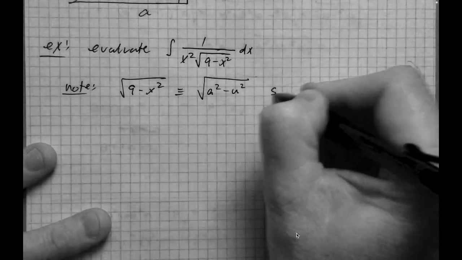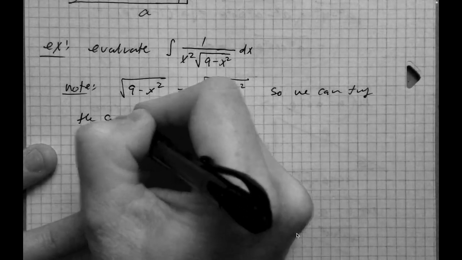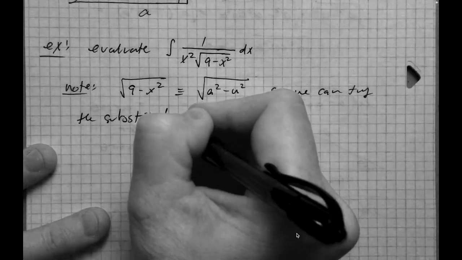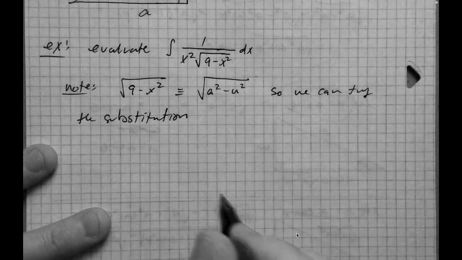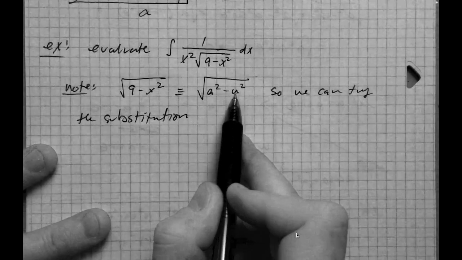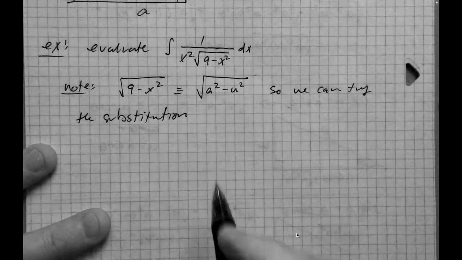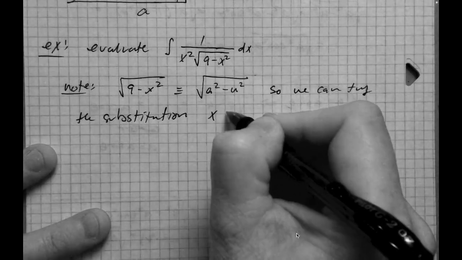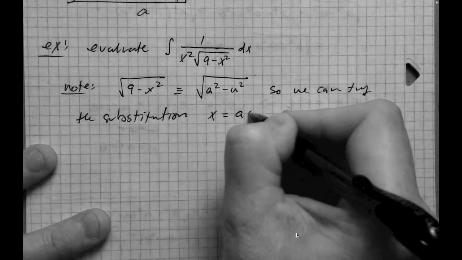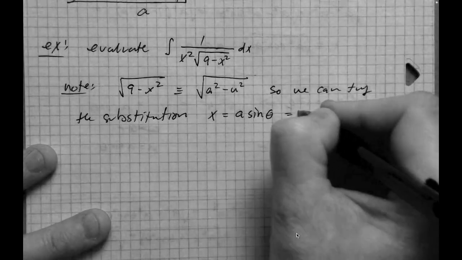So we can try the substitution. Which one? Well, when we saw this form a squared minus u squared, we used a sine theta, right? So we can try the substitution x equals a sine of theta, in this case 3 sine of theta.